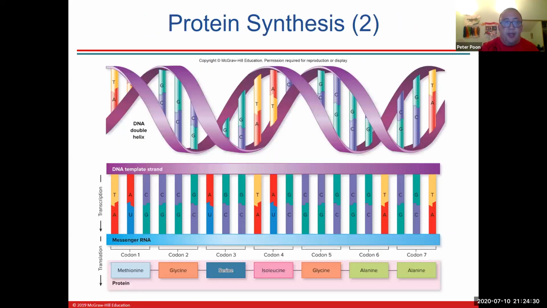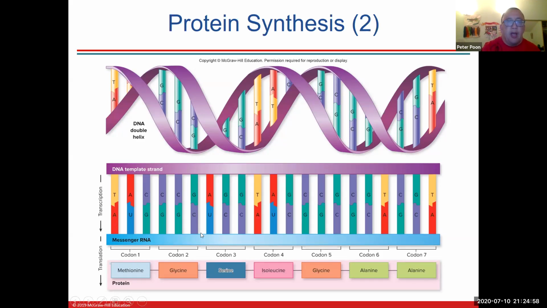So what you do is you take the DNA, and you look for the messenger RNA. This is the DNA template strand. The other strand is called the coding strand. The template strand binds to the messenger RNA and looks for the first AUG.